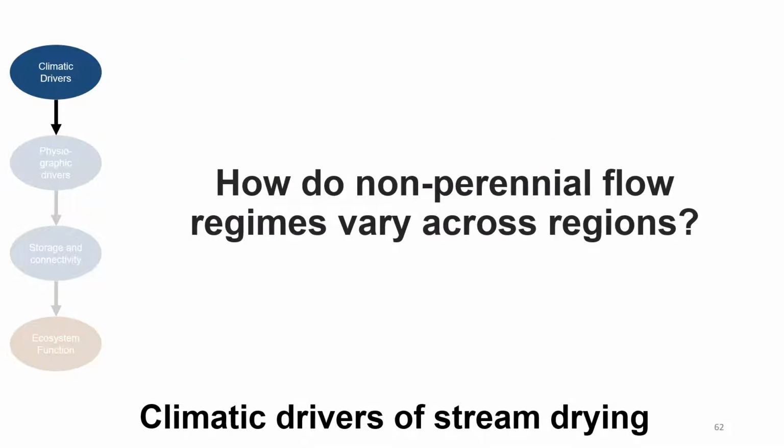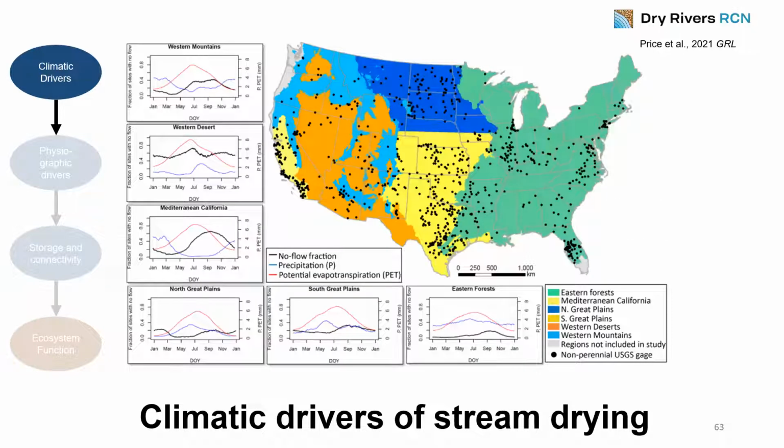Okay, so the first thing I want to do is look at how these drying regimes vary across CONUS. And to do this, and Sam, who's on the line, has been a big part of this work, we used a subset of the USGS gauge network where the streams went dry regularly. And we looked at the proportion of those gauges that went dry over the course of a year.